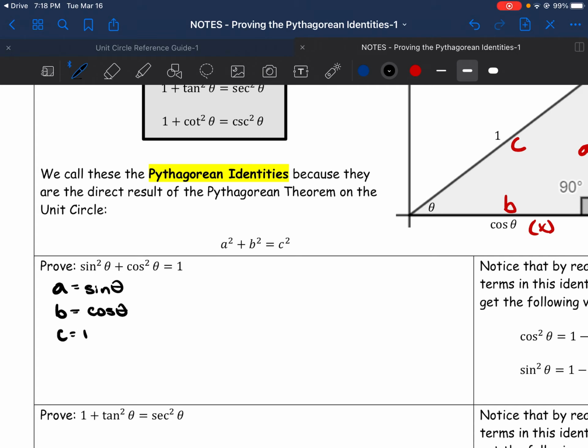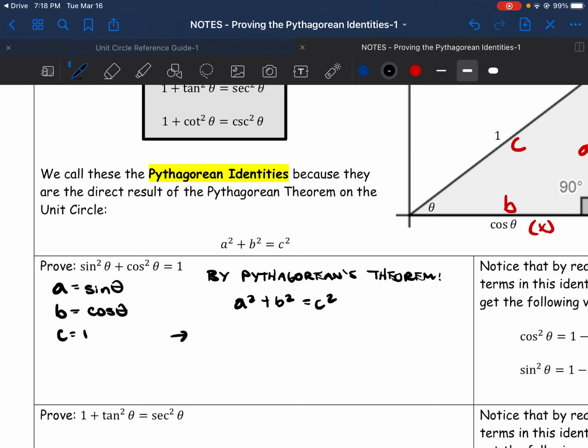And C equals 1. Then, by Pythagorean's theorem, we have a squared plus b squared equals c squared. Let's replace a, b, and c with sine theta, cosine theta, and 1.